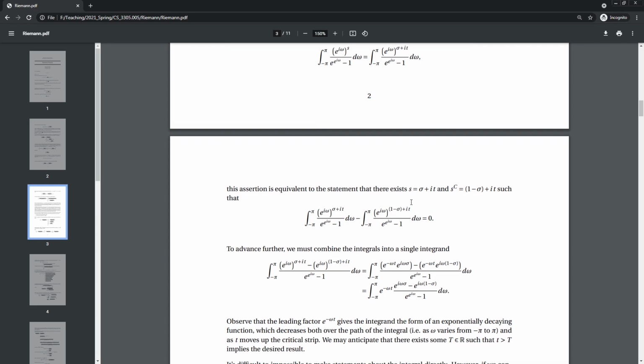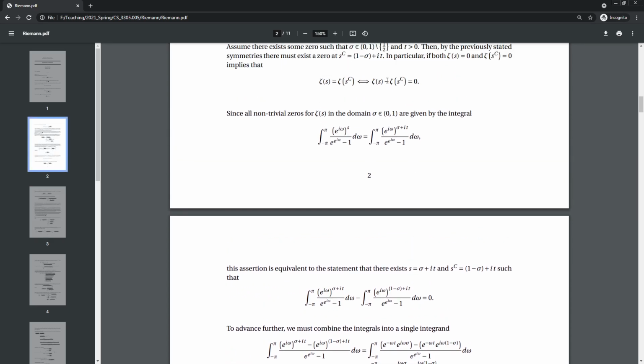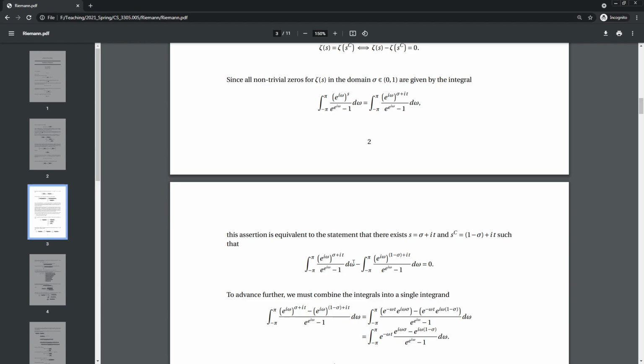Then by this logic, they must equal each other, S and S complement. So here you have S, and here you have S complement, and we're putting it in this form. We're subtracting them, and then we're going to merge them.